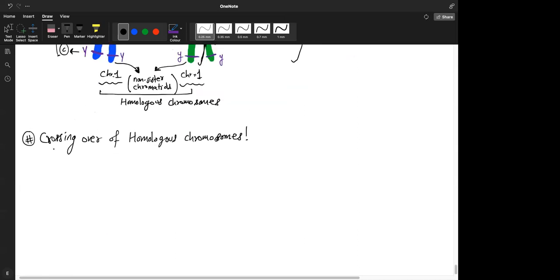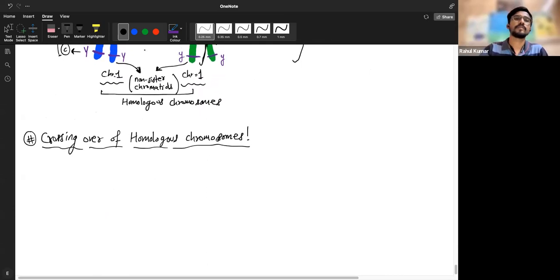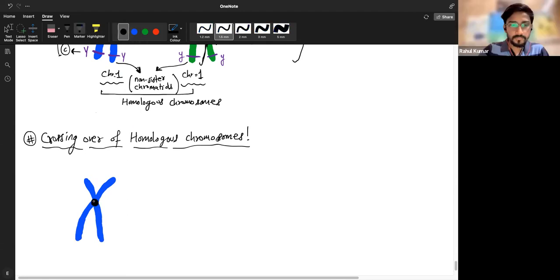Okay. Yes. Now, in this event, let's see what happens. Let me again use the same color to make these chromosomes. So you know now that this is the first chromosome, with the centromere.